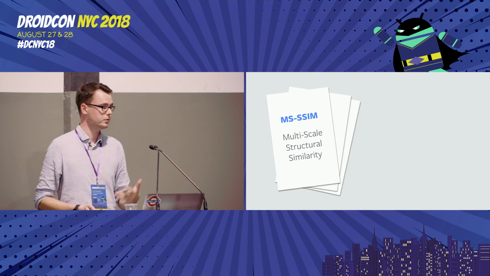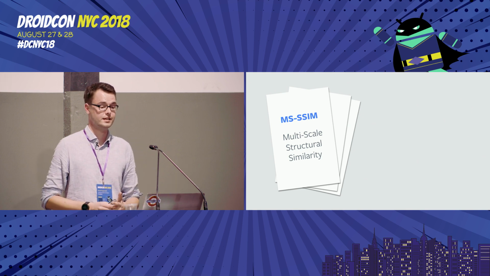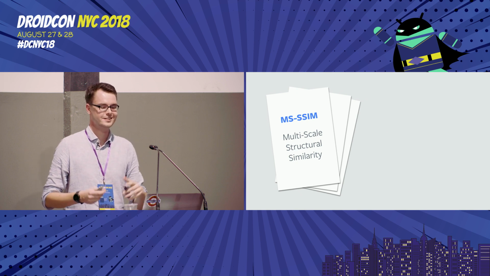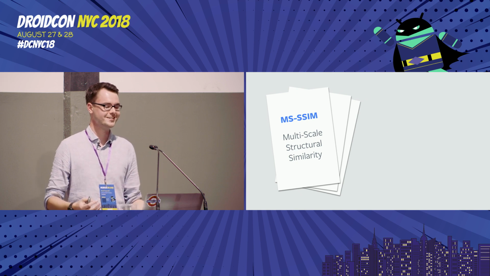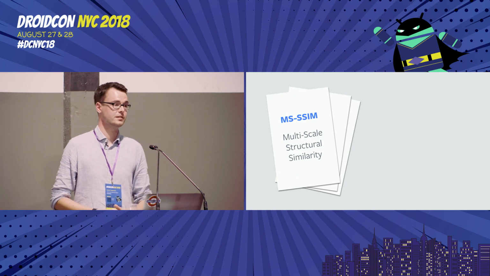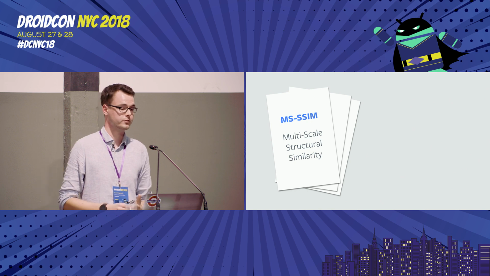Probably the most common one that we talk about is MSSIM, which stands for multi-scale structural similarity. As the name maybe suggests, it has a quite academic, sound, and good mathematical foundation. Basically what it does is go over both images and work with derivatives of contrast change.